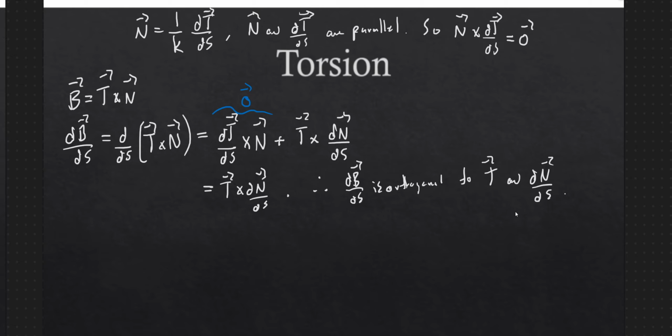In particular, it's orthogonal to T. Now, remember another fact, that if I have a vector-valued function whose magnitude is constant, then its derivative is orthogonal to the original vector-valued function.